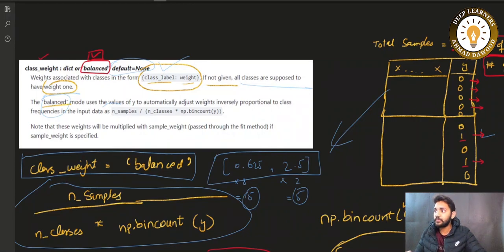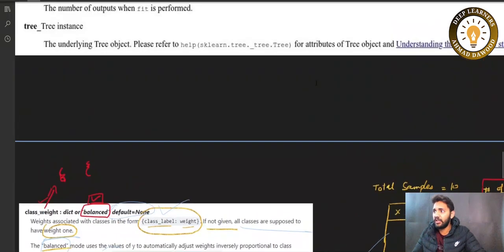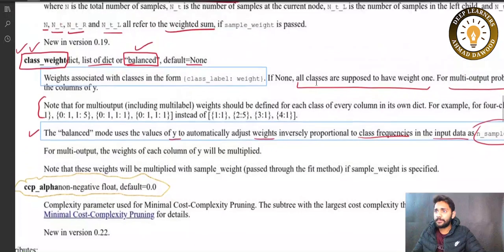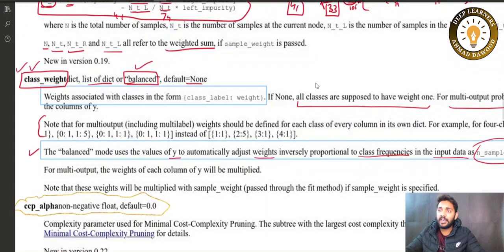Okay, and you can also specify the value of class weight by yourself. They are saying that by using a dictionary, you can pass it here, like they have given the example. If you have a data set which has two classes, you can also specify that the zero class has two weight and the one class has three weight.